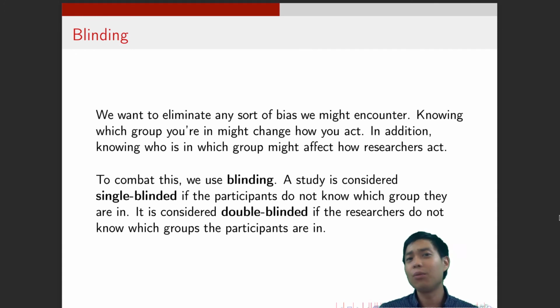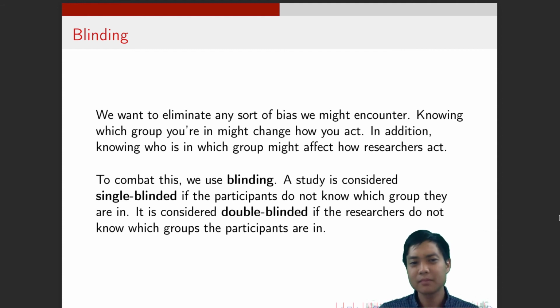Right? And so one other thing that we want to do in experiments is something called blinding. There's this idea behind the placebo effect. If you know which group you're in, let's say you know that you're in the treatment group, you might just have better outcomes because you think, oh, I'm getting the treatment, therefore I should be doing better. Whereas if you're in the control group and you know it, you might not do as well just because you're in the control group.